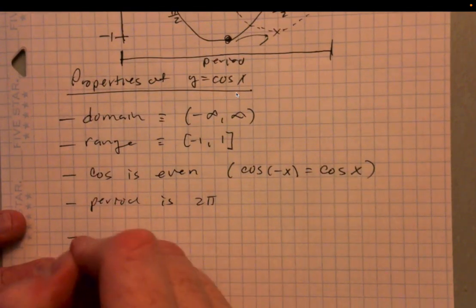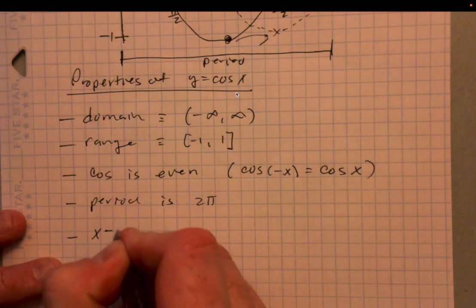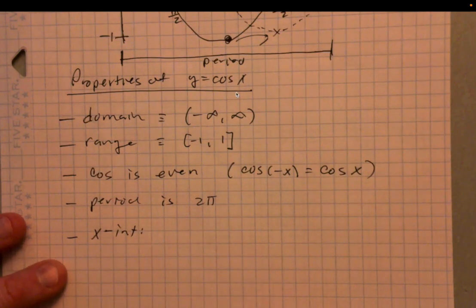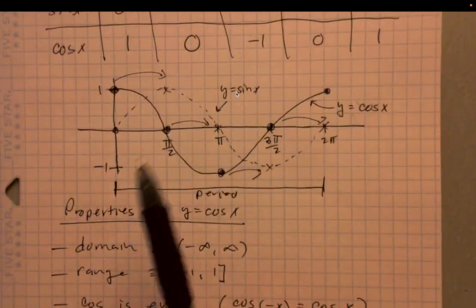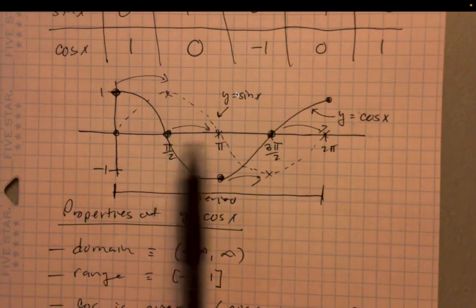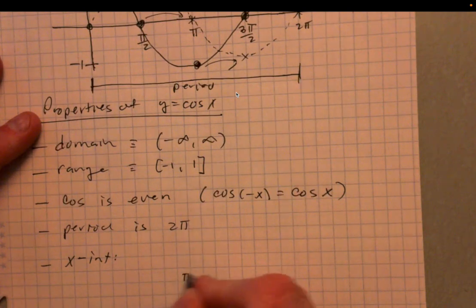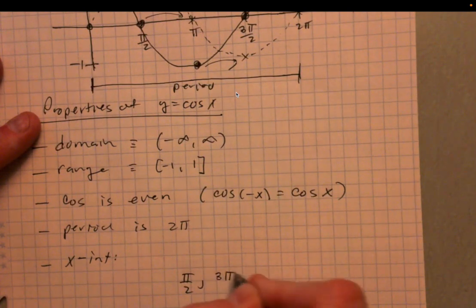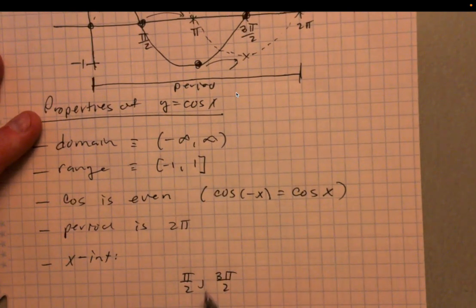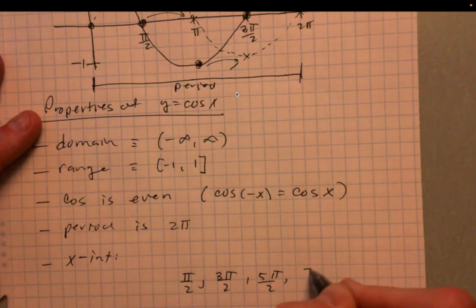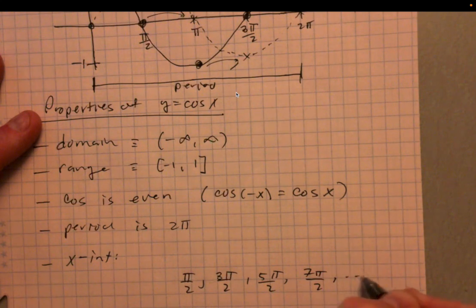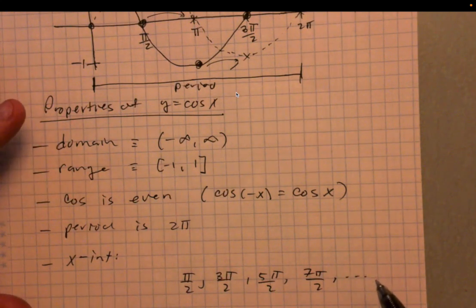And then let's talk about the x-intercepts real quick. Right, so we can see that the cosine intercepts at pi over 2 and 3 pi over 2. And you can imagine what the pattern would be here. It'd be 5 pi over 2, 7 pi over 2, etc. Okay.